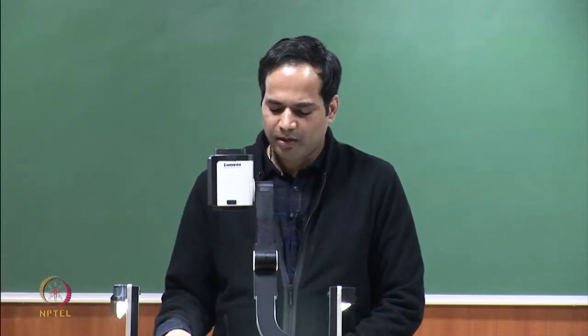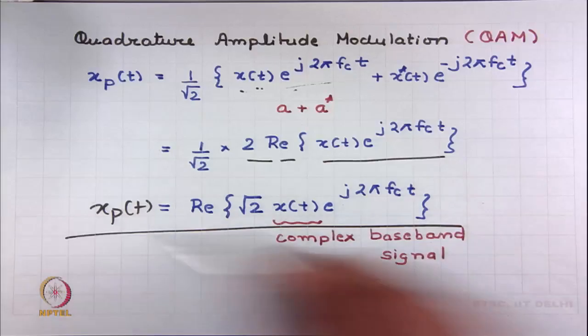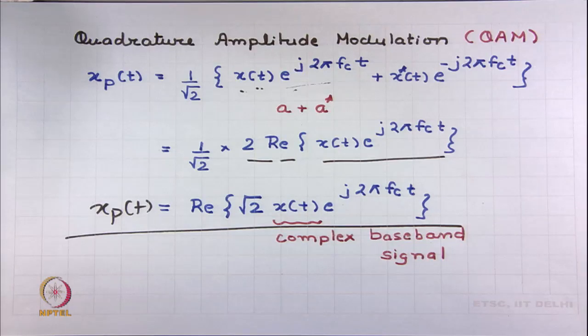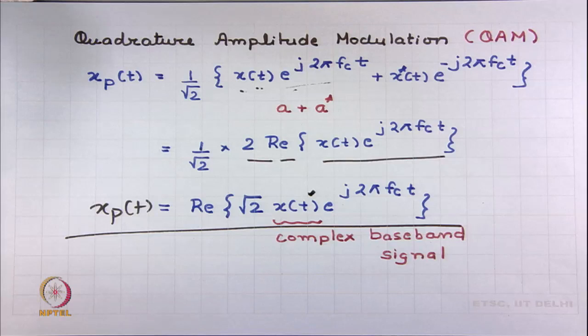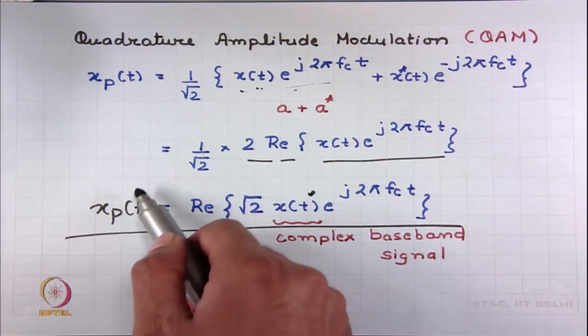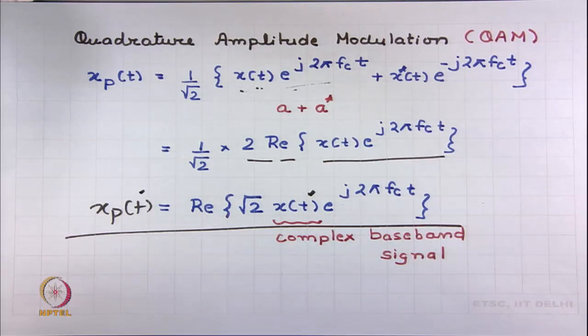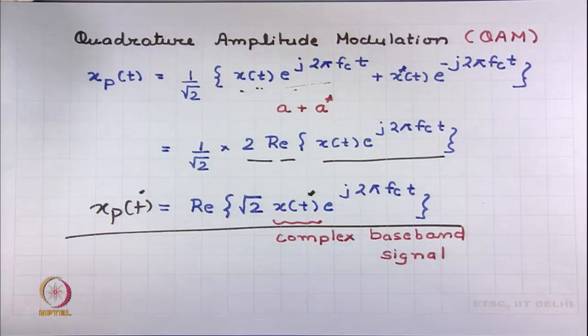Okay, and we have read a lot about this, how can you think about a complex baseband signal in terms of passband signal, or the other way around, how can you think about the passband signal in terms of complex baseband signal. And we have already seen several equivalences between complex baseband and passband signal, namely that the inner product of passband signals is the real part of the inner product of baseband signals.